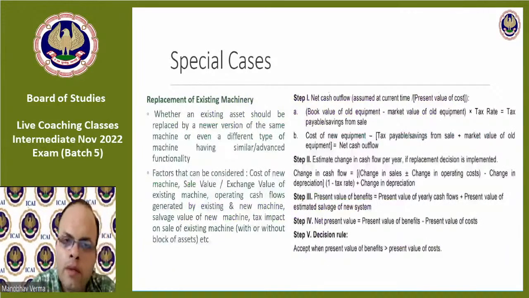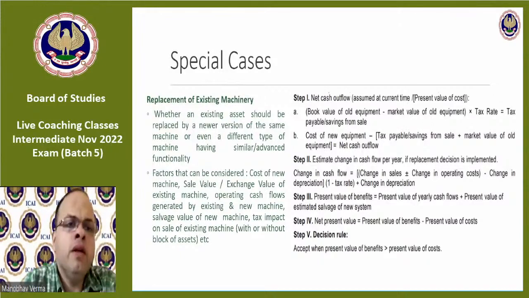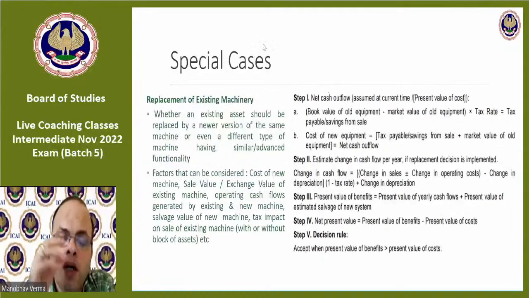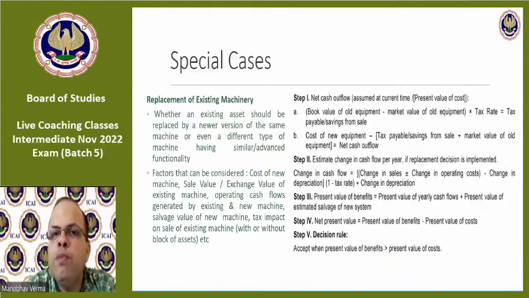Right, guys? So now we talk about a very, very important scenario. Just looking at the query panel. Okay, no queries as of now. Guys, please be attentive here. This is a very, very important aspect of some special cases or application of capital budgeting, when any organization is posed with a question of replacement of existing machinery. What are the factors we need to consider?